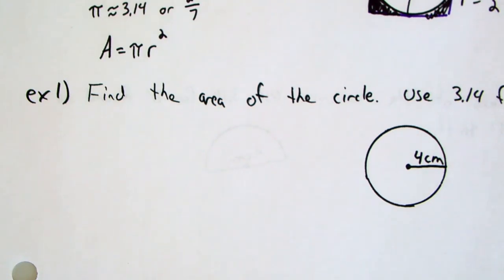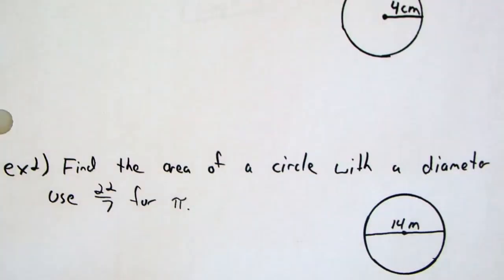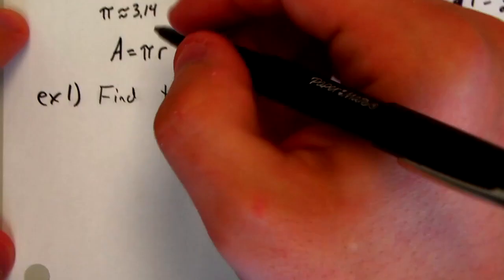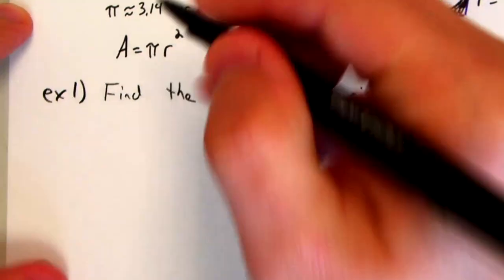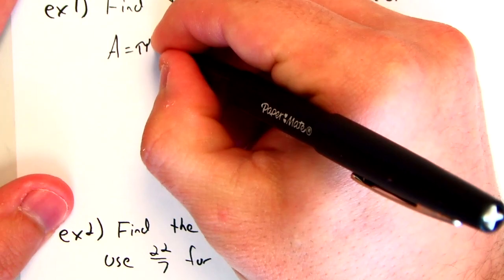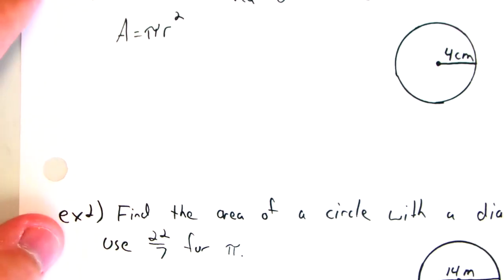So let's go ahead and start looking at some examples. Example 1, it says find the area of a circle. It has a radius of 4 centimeters, and it says to use 3.14 for pi. So I'm going to utilize this formula right here. A equals pi times r squared.